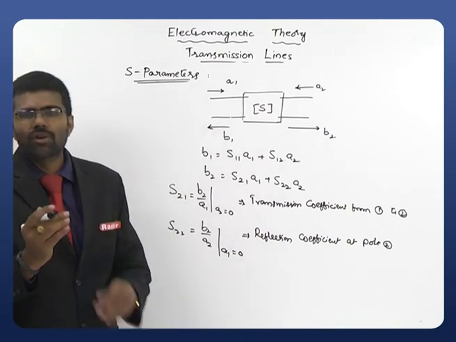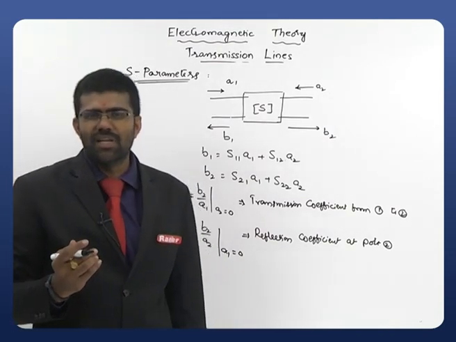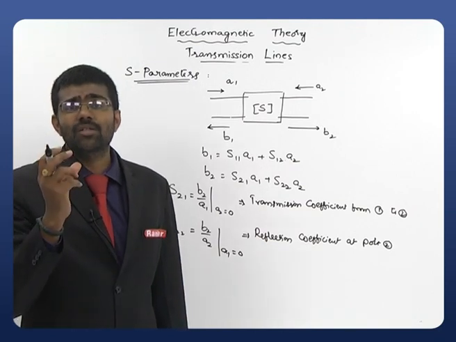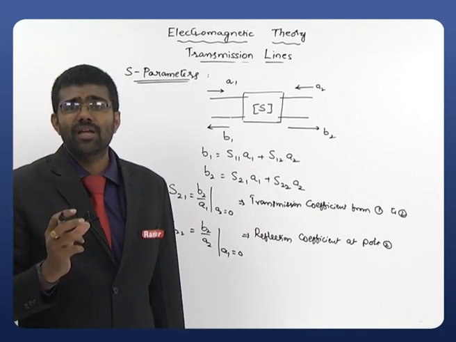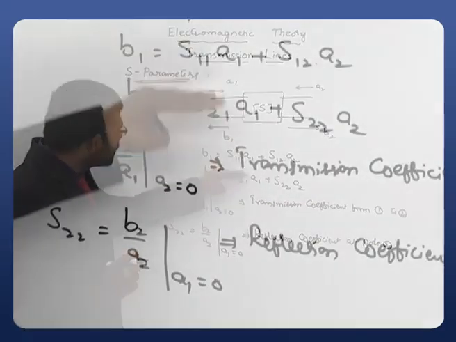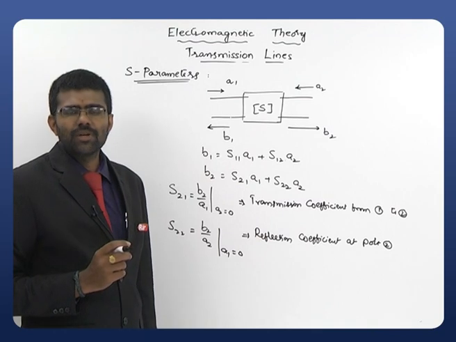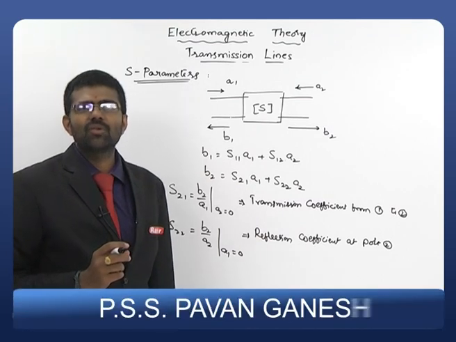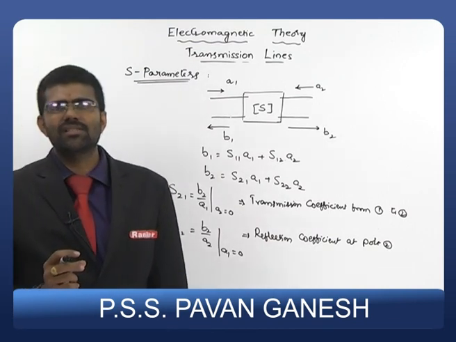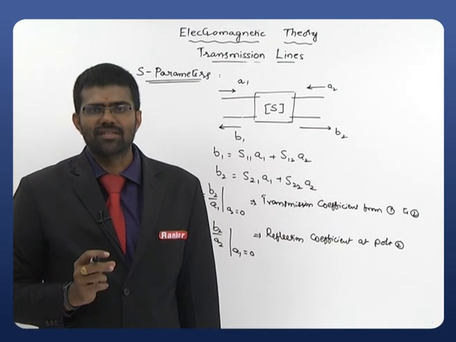If you are increasing the number of ports, that is, if a 3-port network is taken, you can analyze the same, that is, how the voltage distribution or the wave distribution will be among all those ports can be obtained using this simple analysis. That's why the scattering parameters, or simply S parameters, are very important in the analysis of our transmission line junctions.